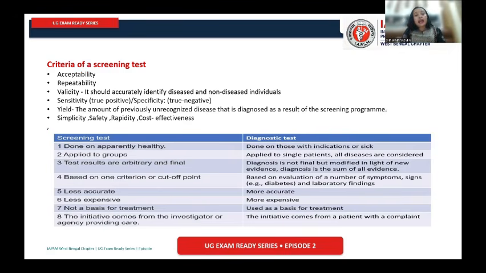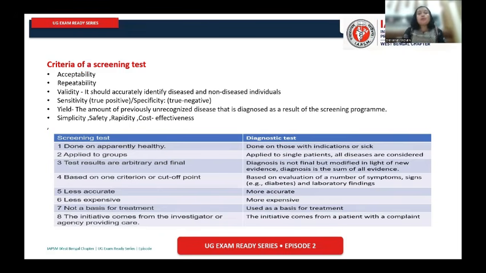Validity, it should accurately identify the disease and the non-disease individual. It will give us the exact results we want for that particular disease. Sensitivity is about true positive. Usually we want a screening test to be more sensitive and a diagnostic test to be more specific because we want the umbrella to be bigger.